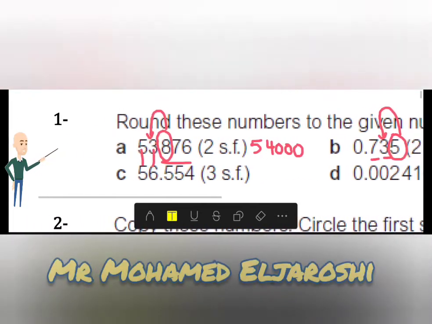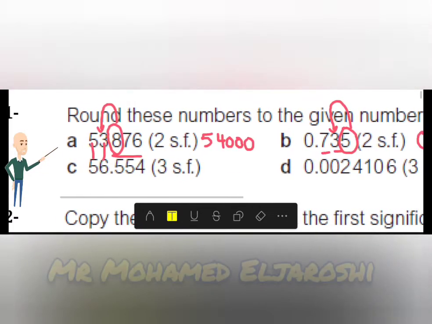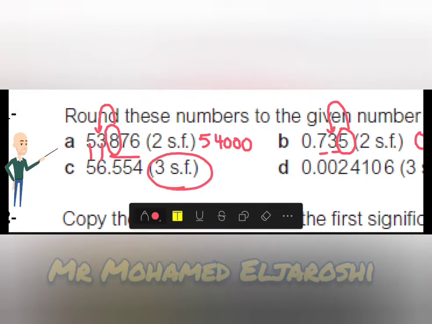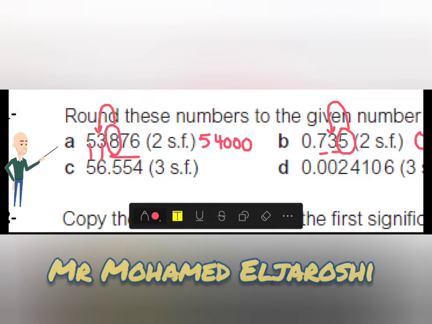Now, question C here, let's take a look at it. We have 56.554, and they want three significant figures. Now, three significant figures means three numbers. So we start counting 1, 2, 3, and we take a look at the number after it, which is 5.